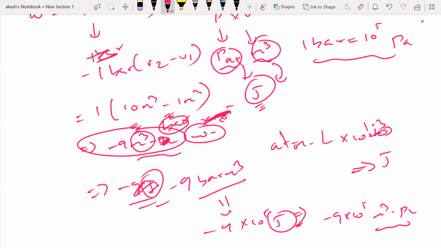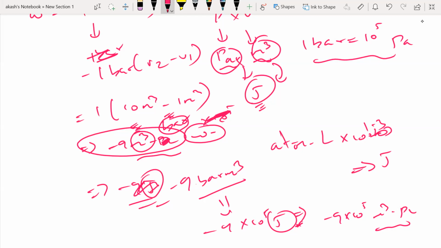5 moles of an ideal gas at 27 degrees Celsius is allowed to expand isothermally.